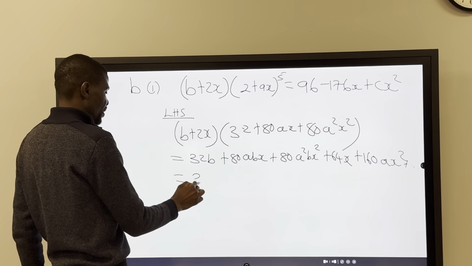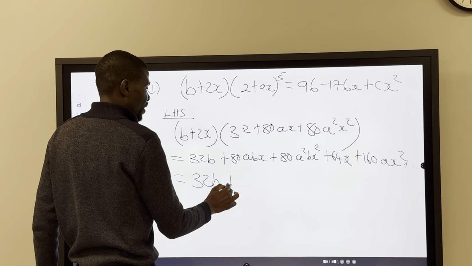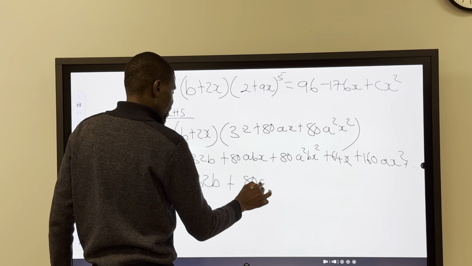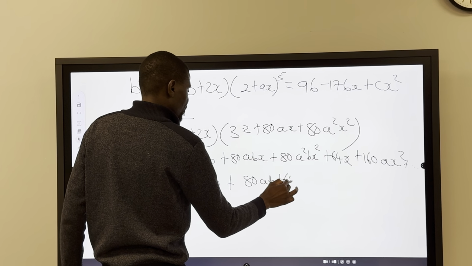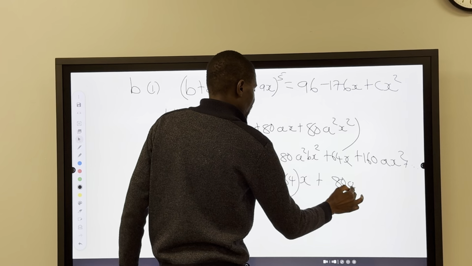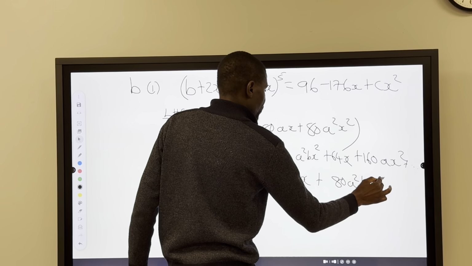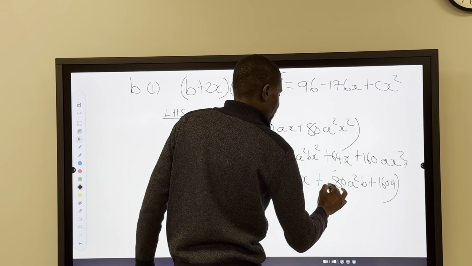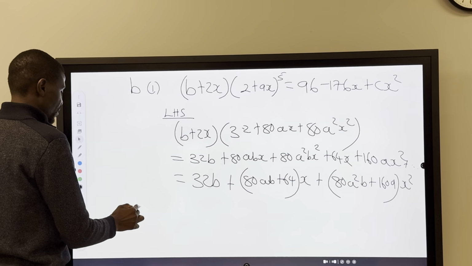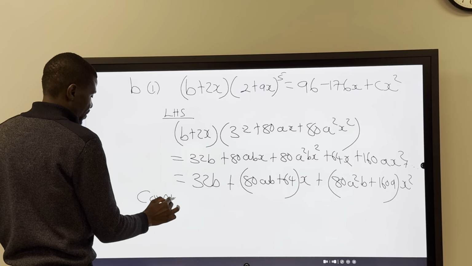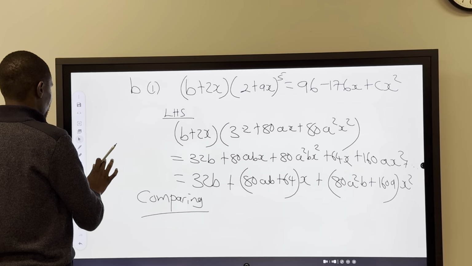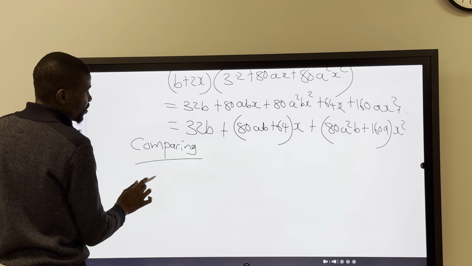So now it's 32b plus, if I take this and that, 80ab plus 64 x plus 80a squared b plus 160a is the coefficient of x squared. So now I'll compare.